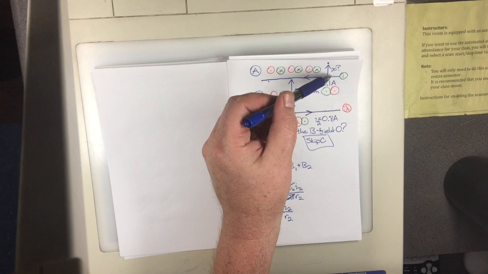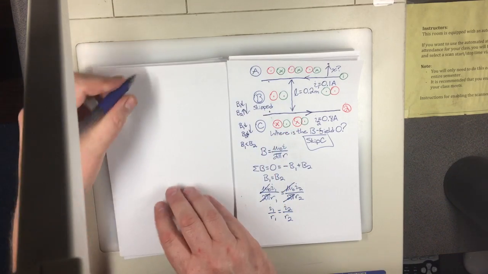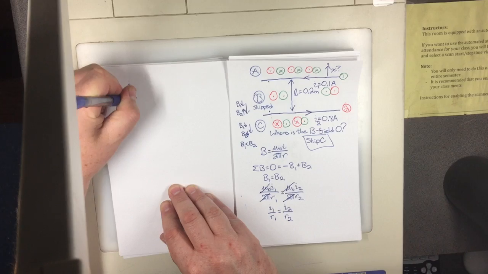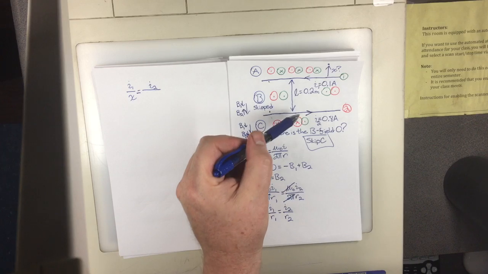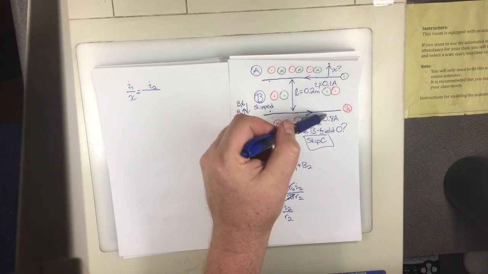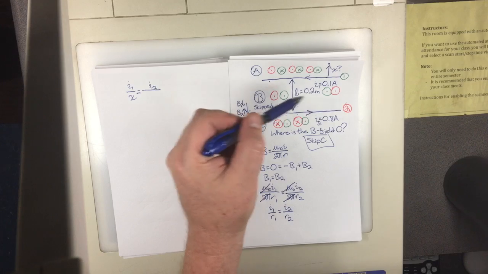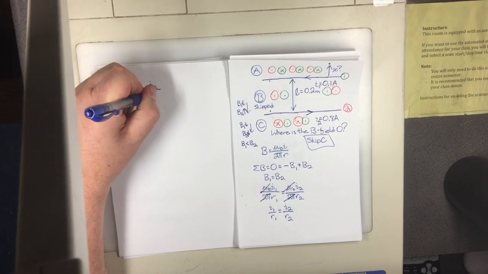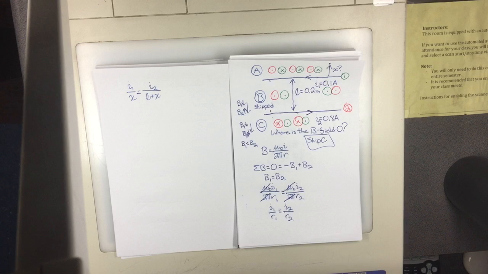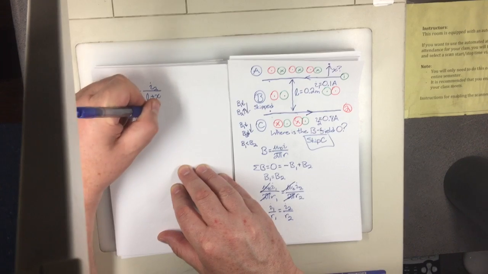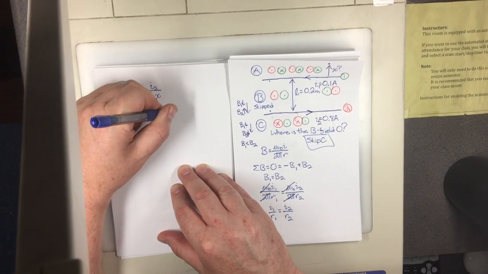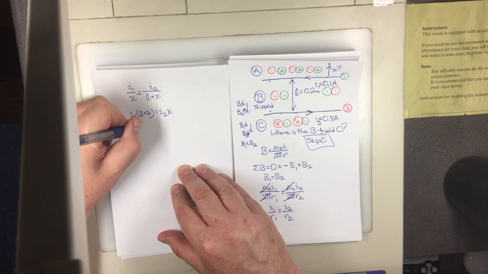R1 is the distance from wire 1 to the point, or X. So this is I1 over X. I2 is there. R2 is the distance from there to there, or L plus X. I have I1, I have I2, I have L. Find X. So I cross multiply. I distribute.